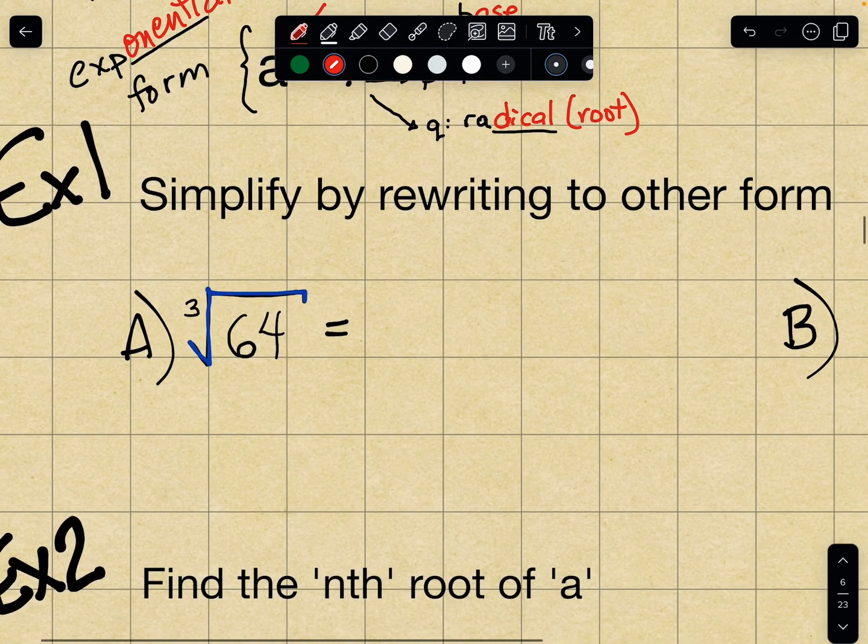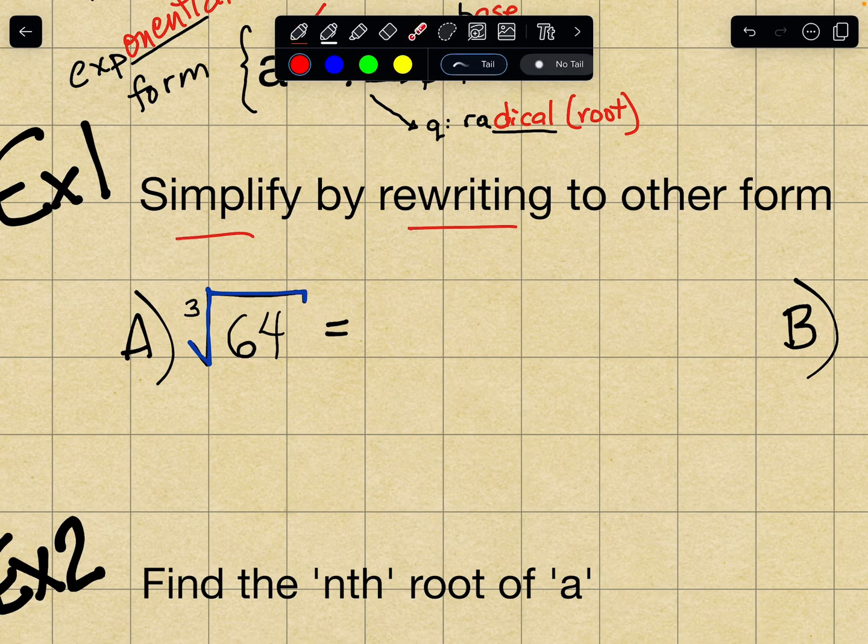So example number 1, it says simplify by rewriting to the other form. So we see that this is in radical format, so we want to write it in exponential format. So I want to write a number with an exponent power. So the big number is, as you probably would guess, 64. And then the exponent.